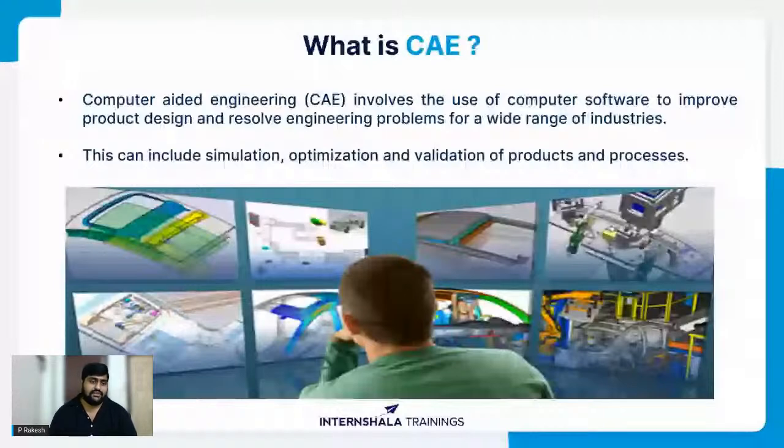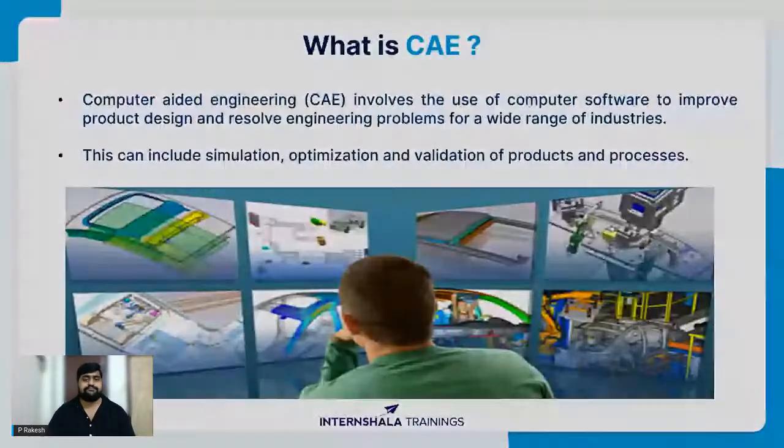If you are trying to simulate any system, or optimize any system, or validate whether an idea is going to work or not using computers, that can simply be called computer aided engineering software.